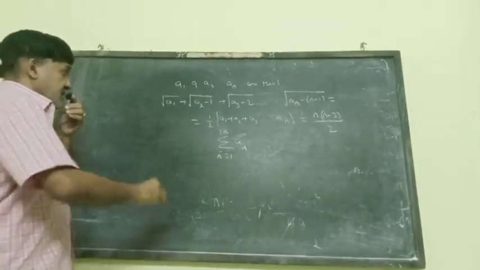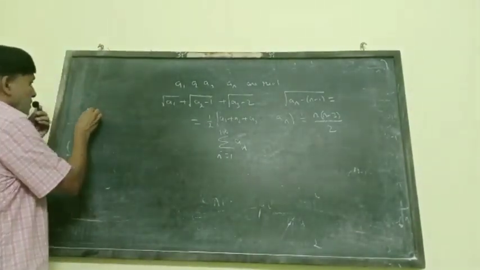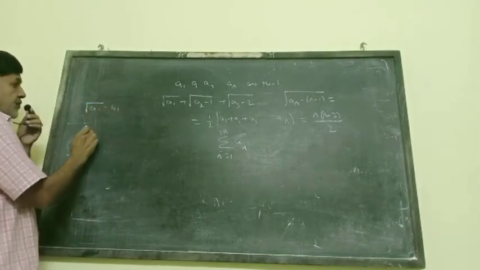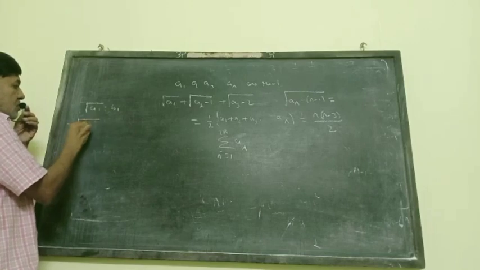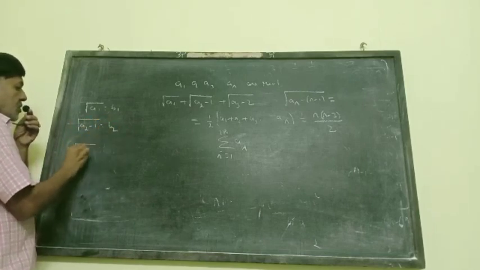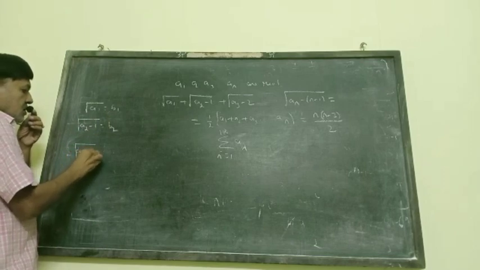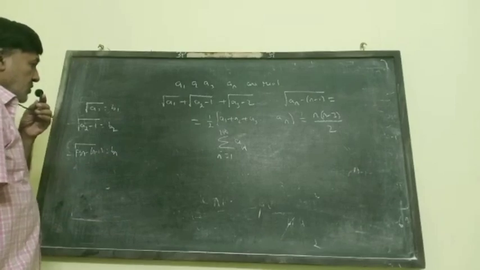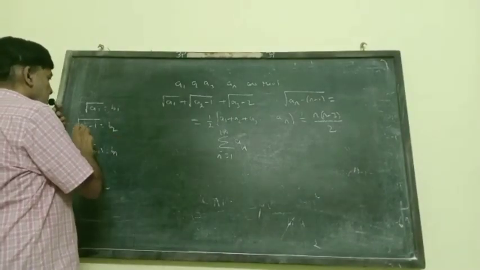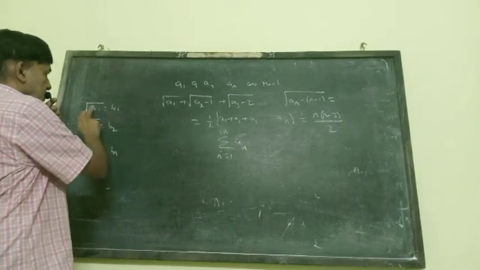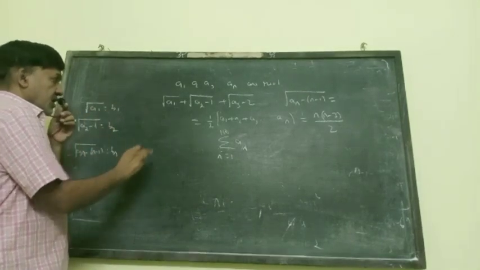See, we will think like this. Root A1 is equal to B1. Root A2 minus 1 is equal to B2. Root AN minus of N minus 1 is Bn. What is A2 for you? B2 square plus 1. A1 is B1 square.